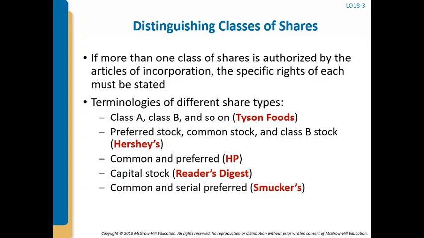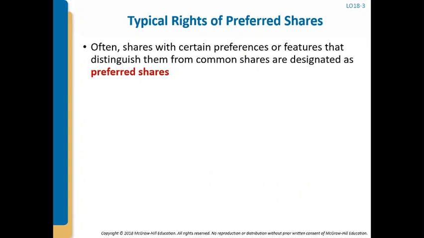Certainly, the most common is common stock and preferred stock, but you can see that the terminology is not exactly the same. You can also have different classes of stock, especially in the common stock area.